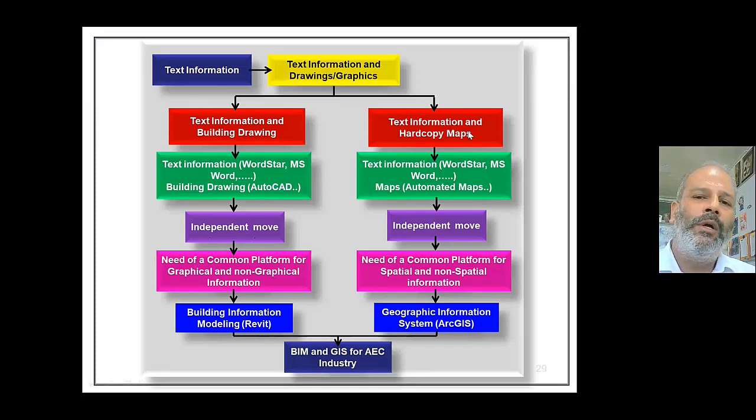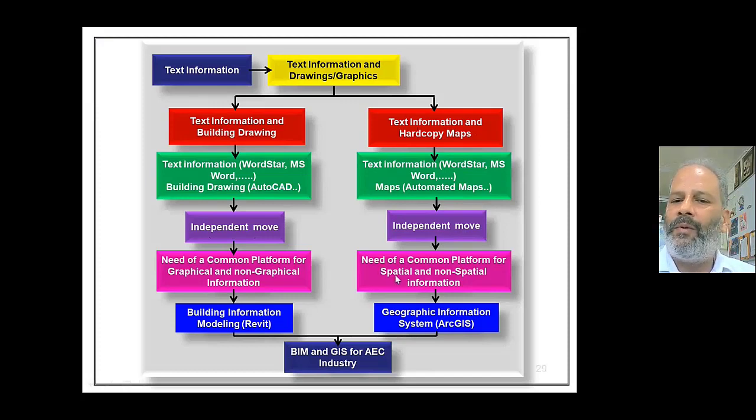They developed very good tools for map making, but later realized they needed both, because a map has information, which may be in text or in numbers, and that cannot always be put on a hard copy map. If the map belongs to a particular area, why use two different tools to deal with the information and the graphics? In the same way, they felt the need for a common platform here.